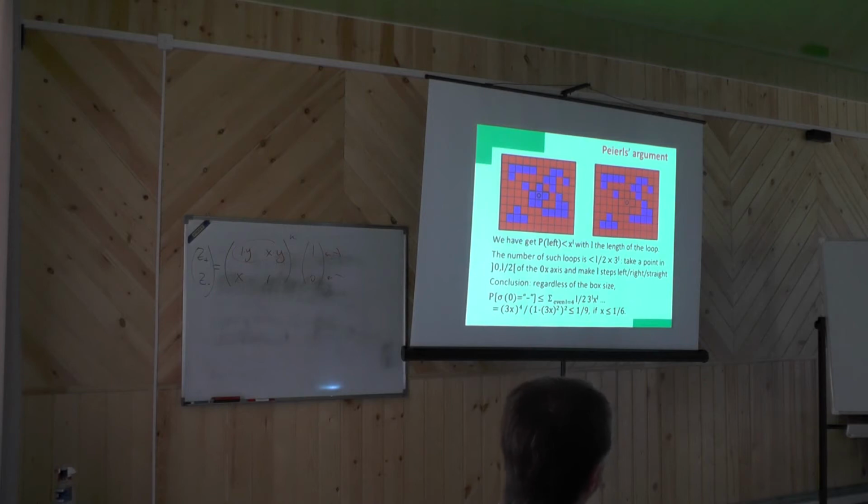So the probability of having a minus is less than x to the power L, the probability of a given configuration, times the number of ways to choose this loop, 3 to the power L times L over 2. And we have to sum only over even L, starting with 4, because loops are always of even length, and length at least 4. So this is a geometric progression. If x is small enough, it sums to a small enough number.